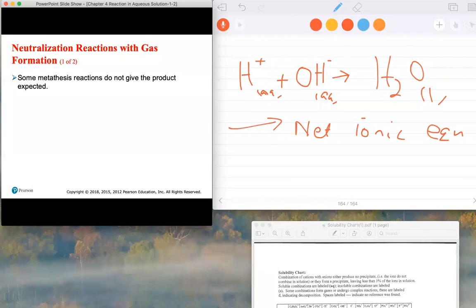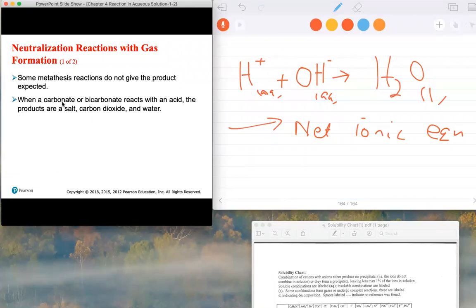That is acid-base neutralization. There are some neutralization reactions that produce gas. We call those gas forming reactions. As far as the text is concerned, there are two types of reaction: those which produce hydrogen sulfide and those which produce CO2.